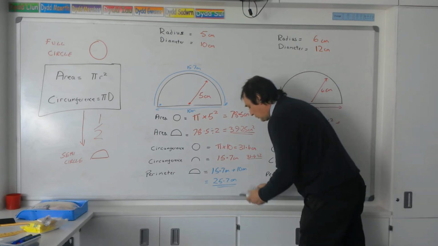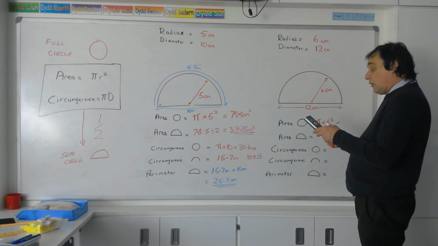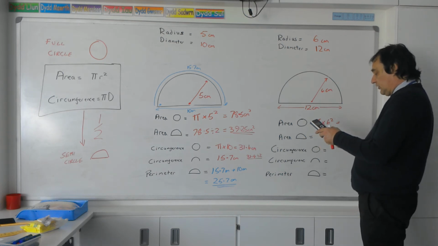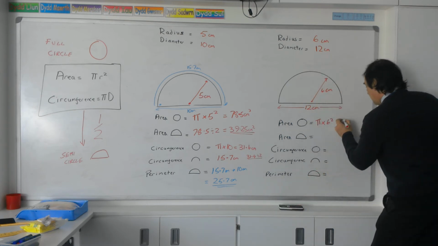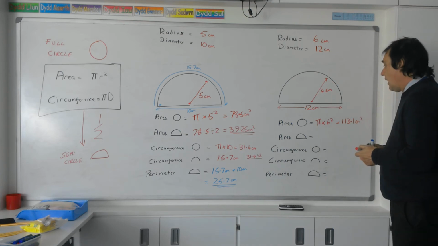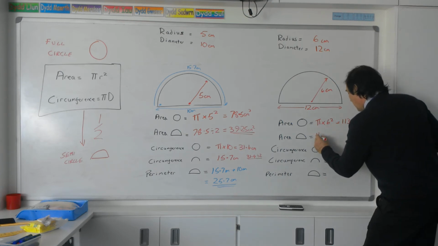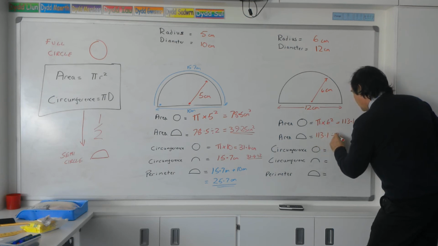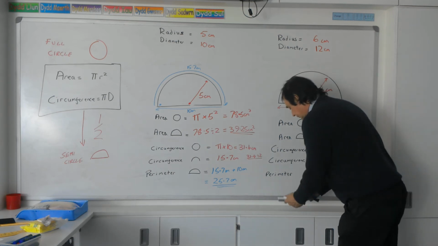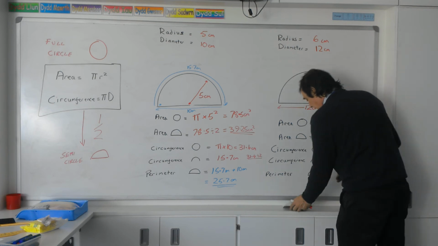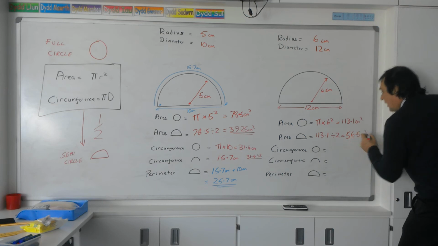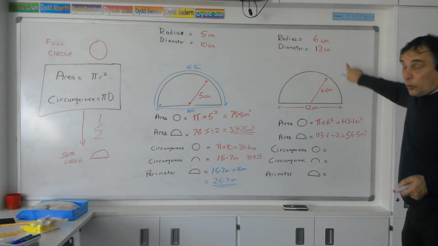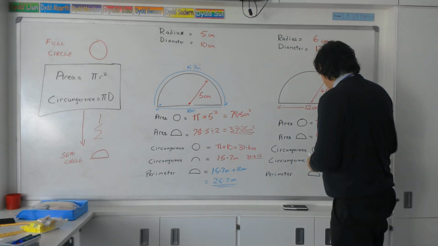That's the area if it was a whole circle, and that gives us 113.1 centimetres squared, remember, area. Area of the semicircle, half it, so 113.1 divided by 2 is 56.5 centimetres squared.